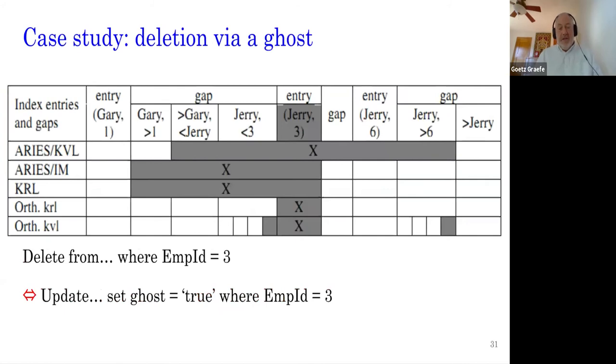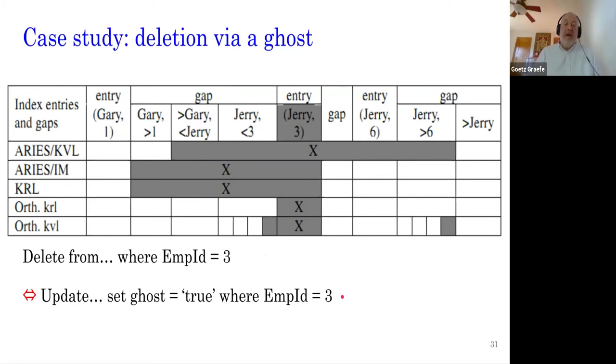And the way deletion is actually implemented in real systems, you don't actually erase what's there. What you do is you declare it invalid, you make it a ghost, so you actually do an update. And so this diagram you see here is precisely the same diagram as on the previous page, because what the user thinks of as a delete statement is really executed more like this statement here.